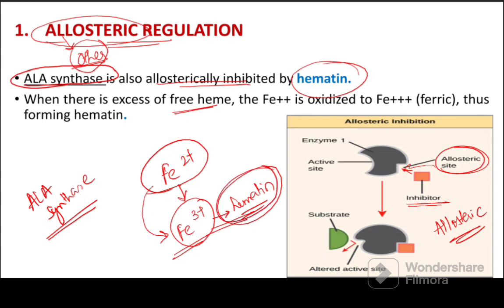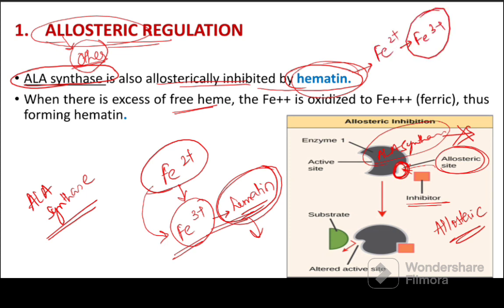Now this hematin will go and bind to the allosteric site of the enzyme synthase. When it binds to the enzyme synthase, it will stop the heme synthesis. That is what is called allosteric regulation. Synthase is allosterically inhibited by hematin. Hematin is nothing but when Fe2+ is oxidized to Fe3+.